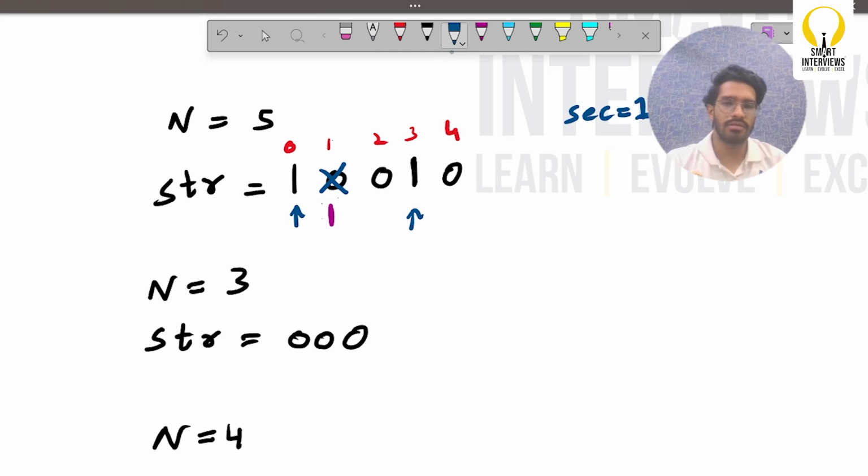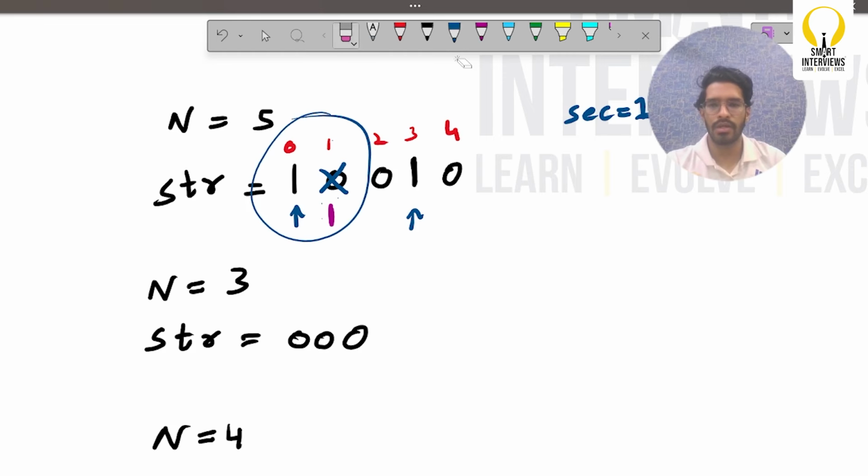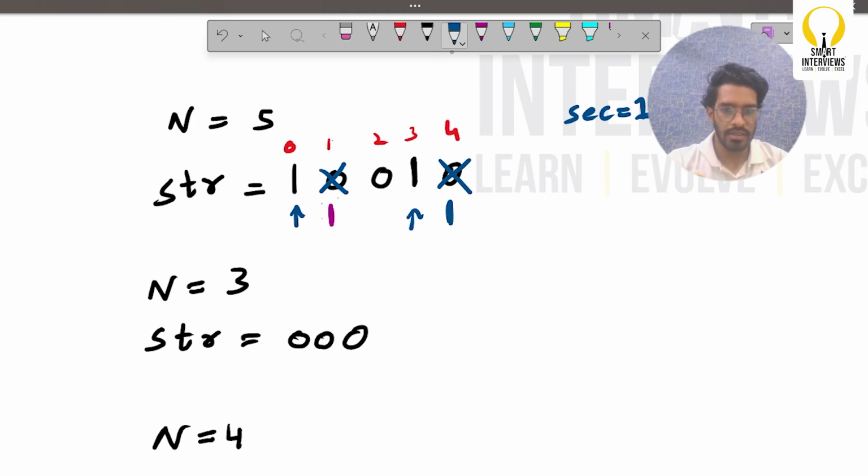In the same second, there is another wolf with another bird right after it. The same thing happens: this wolf eats up this bird, and the wolf at index 3 moves to index 4.